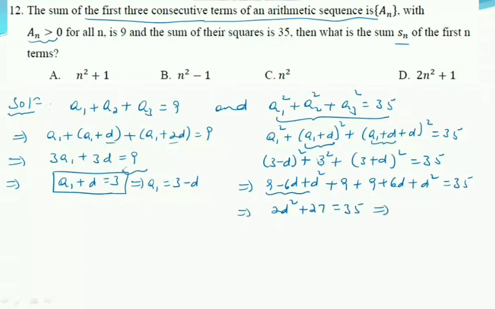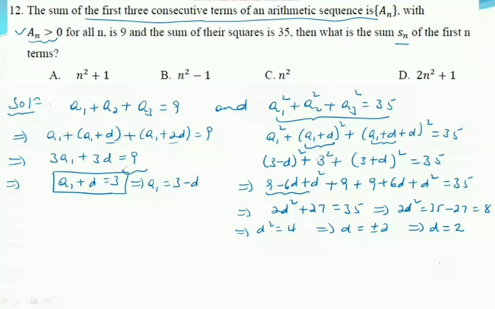This implies 2d squared is equal to 35 minus 27, which is 8. So d squared is 4. This implies d is plus or minus 2, but since all the terms are positive, we reject the negative d value and take only d equal to positive 2.